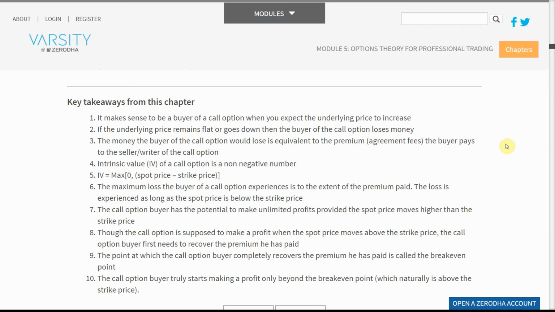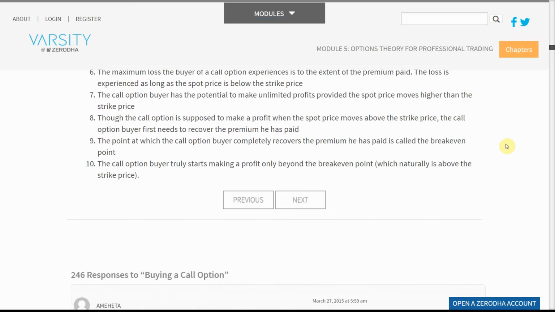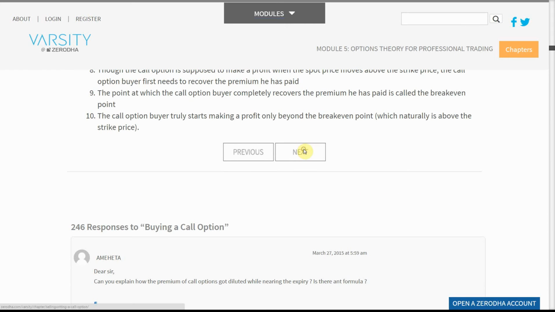The point at which the call option buyer completely recovers the premium he has paid is called the break-even point. The call option buyer truly starts making a profit only beyond the break-even point, which naturally is above the strike price.